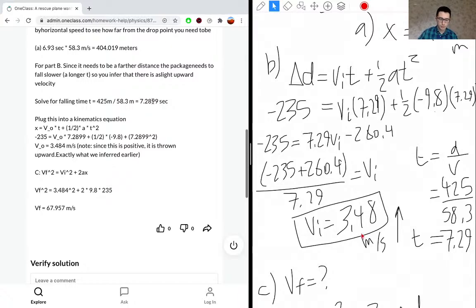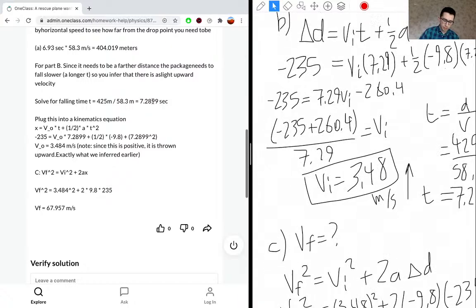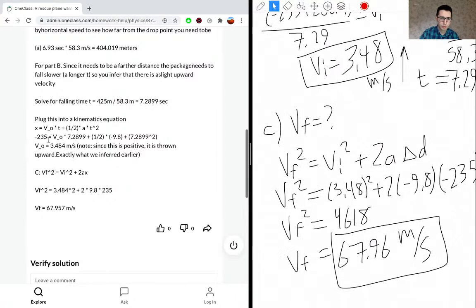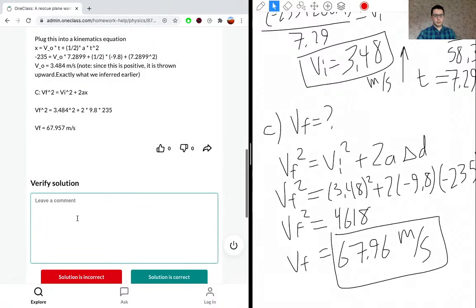So they get the right initial velocity, and then for part C, finally, they use the right kinematic equation to get the correct answer of 67.96 meters per second. So the solution is correct. Great job.